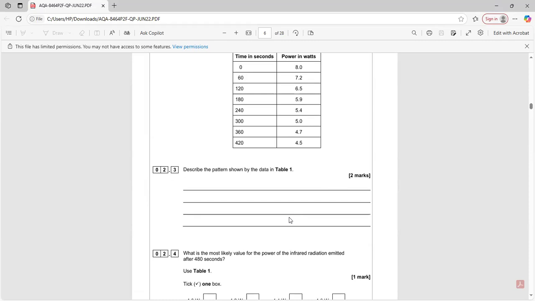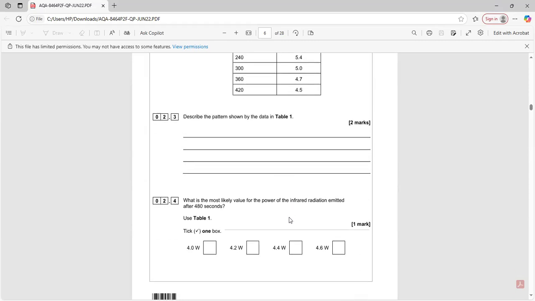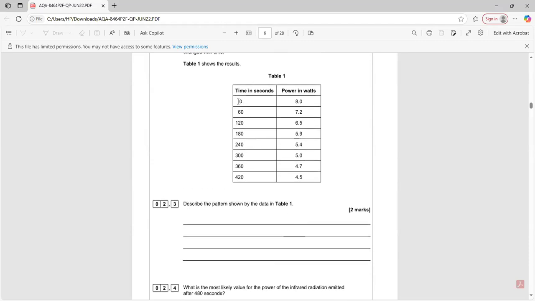After 480 seconds. Okay, so now that's the thing. Let's look for the pattern. Time in seconds 0, power in watts 8. When you have 60 seconds, power in watts is 7.2.